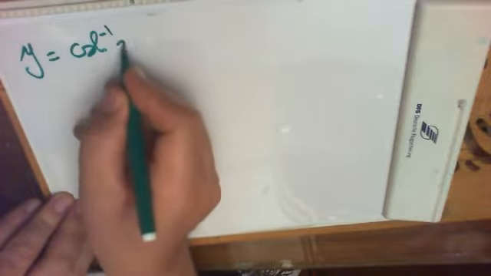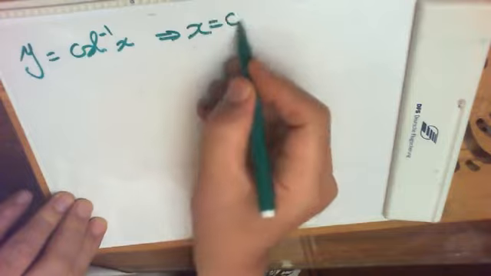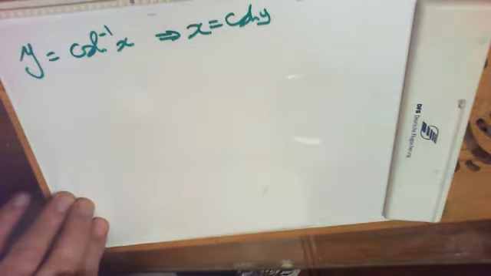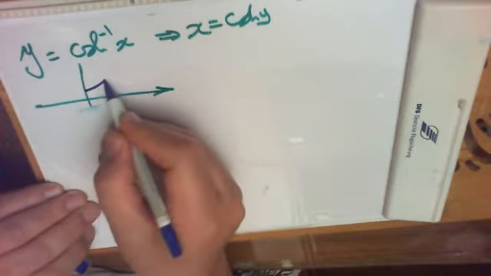Again, for cosine minus 1 x, y equals cosine minus 1 x, which means that x equals cosine y. Okay, what is the graph? We said few seconds ago we'll consider only that part as the principal branch.